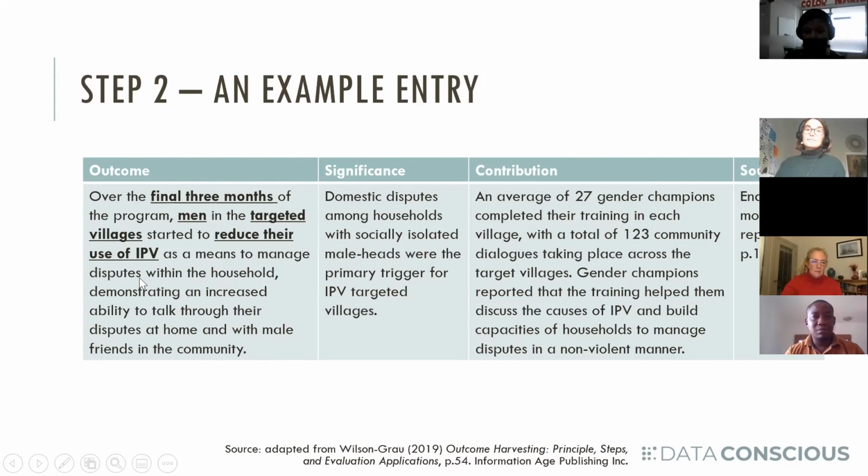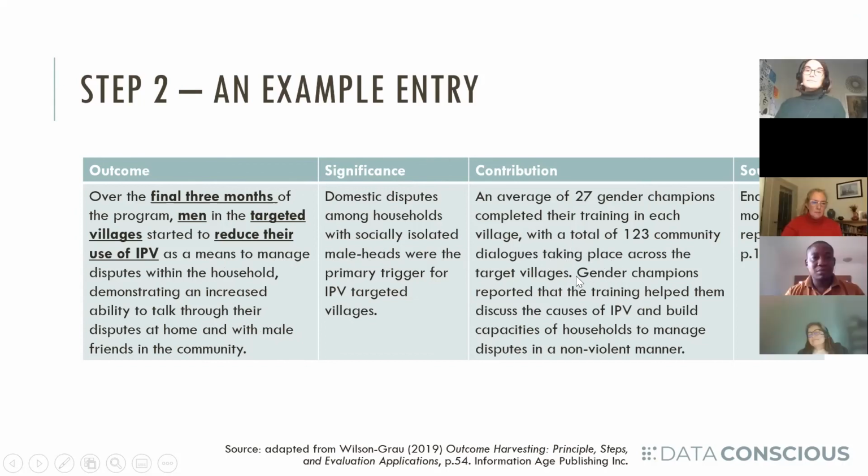So we've got an outcome statement that's very clear, a significance that relates it to the risk analysis, and then a contribution. So what we've done here is look through the monitoring reports and seen, is there anything that we know you did in your list of activities that contributed to this outcome? So the example here is, okay, well, we trained 27 gender champions per village. They had 123 different dialogues with the community.